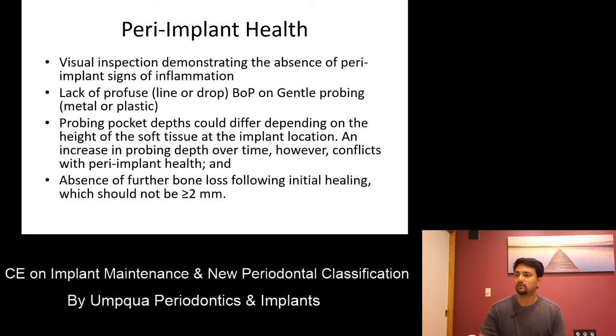You should, of course, look for initial signs of inflammation, that is bleeding on probing, and record it on the perio charting. Absence of bone loss definitely is a sign of health. And later on you'll see that if there is bone loss, then the new framework classifies it as peri-implantitis.